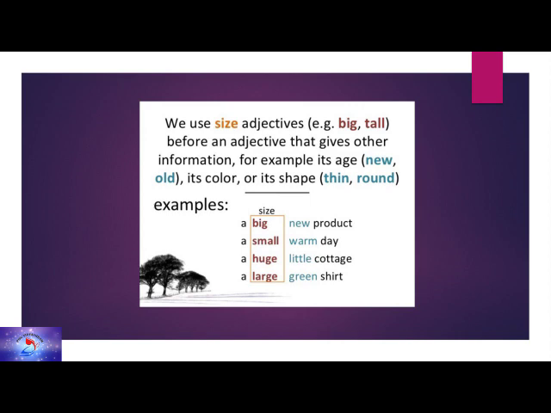It's not only new, it's a big one. A small warm day, not too much. A little cottage, but still a huge little cottage. Green shirt, a large green shirt. So you can use size adjectives before the adjectives already placed in a sentence.